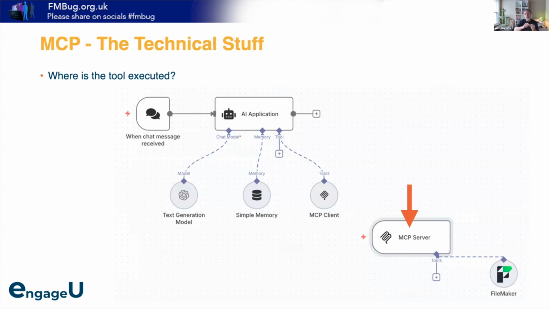That's the one that makes the call to, in our case, FileMaker server, to the OData API, right? The MCP server will wait on the result for that and then channel that back into the AI application, right? But it's not the AI application that makes the direct connection to, say, our FileMaker solution. It really isn't. All that the AI application does is, based on the user's input, it says, I think I need to call a tool, let's call a tool. The MCP server is responsible for executing the tool.